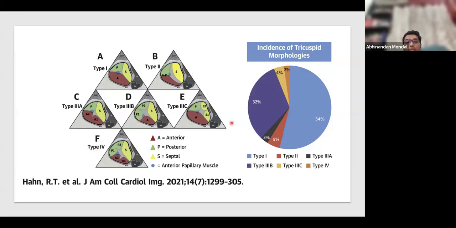There are all possible configurations, all possible scallop rotations. You can see there are multiple A1, A2, and multiple S1, S2. These are all the possible configurations of your tricuspid valve leaflets. But the one we usually see is only 54%.